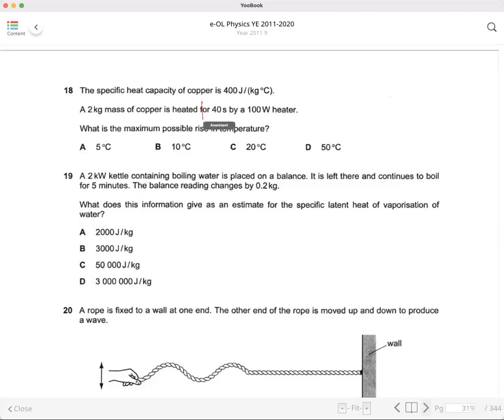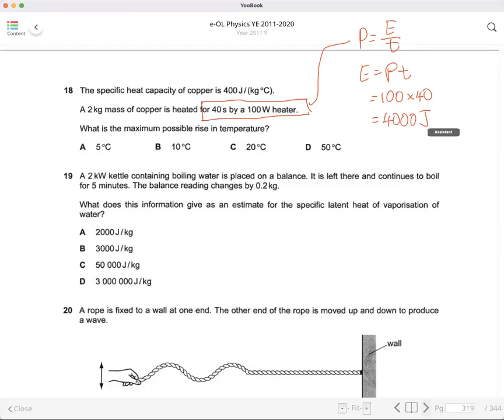First of all, when you see 40 seconds by 100 watt heater, you all remember power is equal to energy over time. So energy is equal to power times time. You have learned this also in the electricity topic. So how much energy is provided by the heater? It is provided by 100 watts multiplied by 40 seconds.